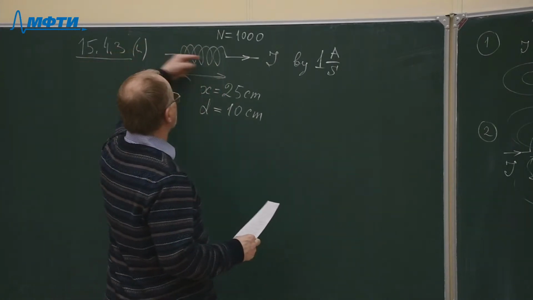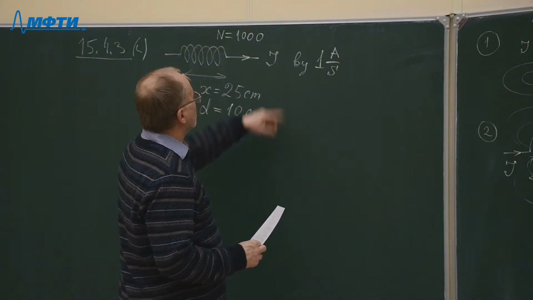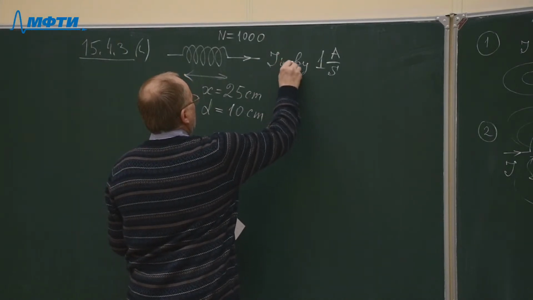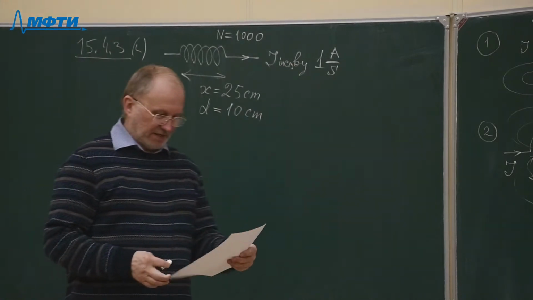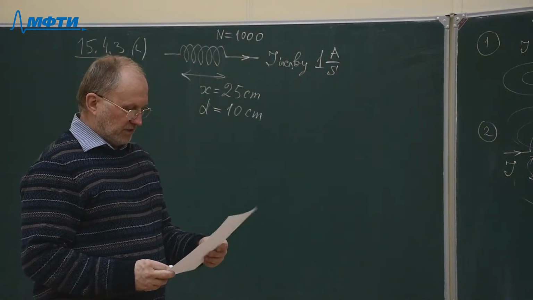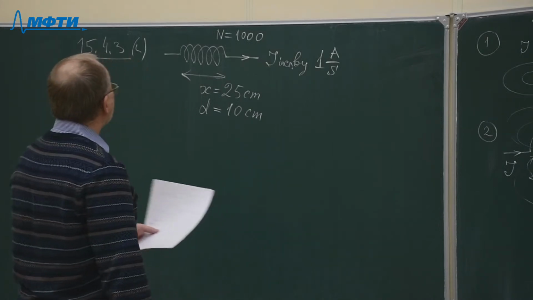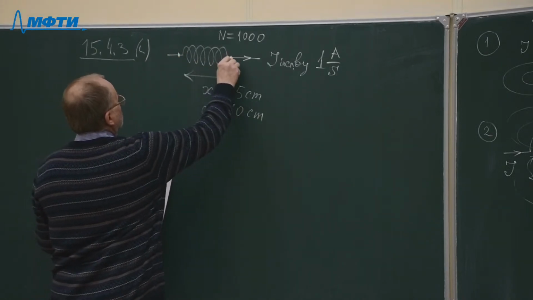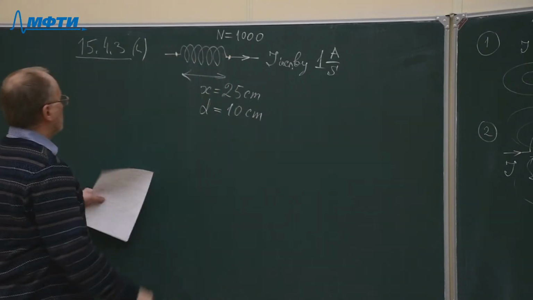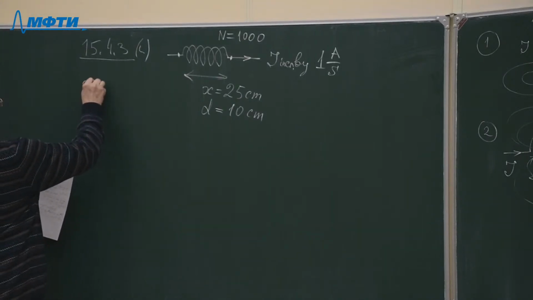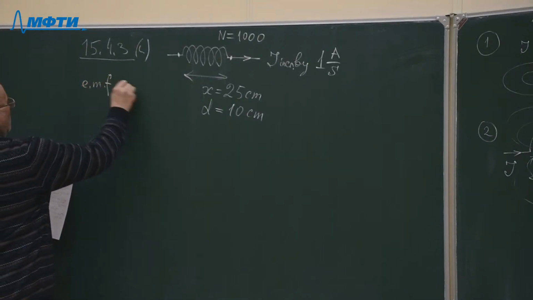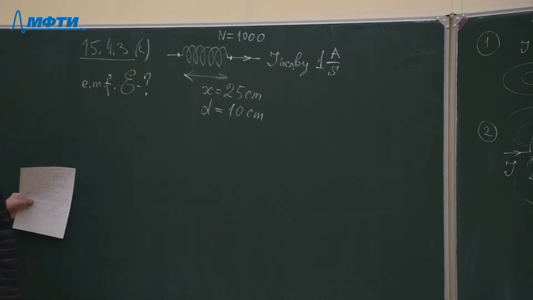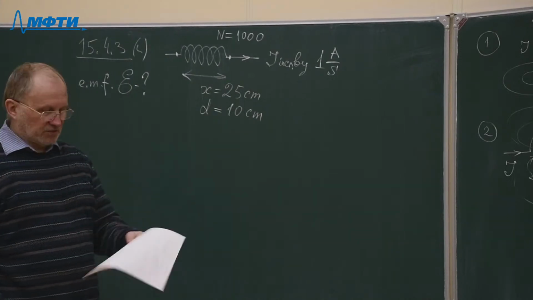So the electric current flowing through this coil is increasing by 1 ampere per second. So the question is, what electromotive force will be generated on this coil? We need to find the electromotive force. Say, let's denote it as E. What electromotive force is generated on this coil?